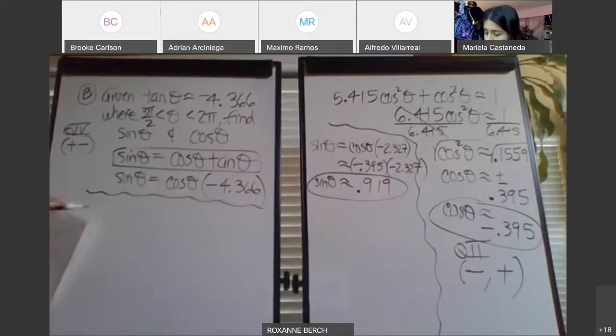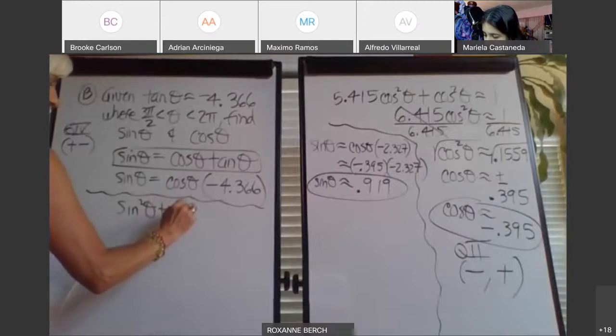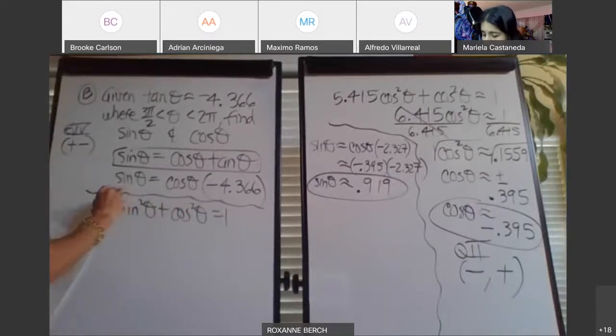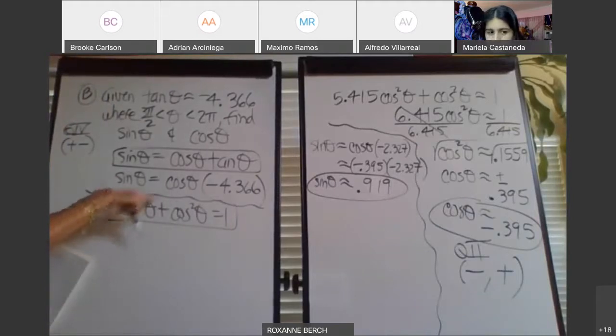So I'm going to write out my Pythagorean identity, sine squared theta plus cosine squared theta equals 1. So you see what I'm going to do? I'm going to take this out and put this in its place so that I have all cosines.